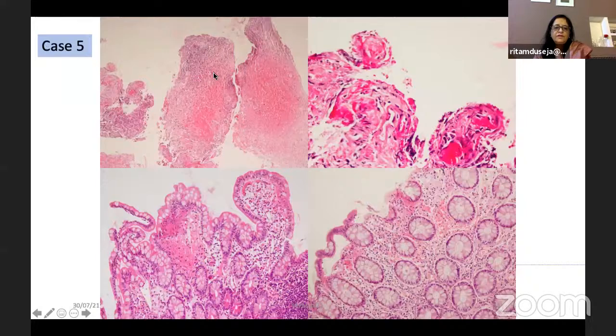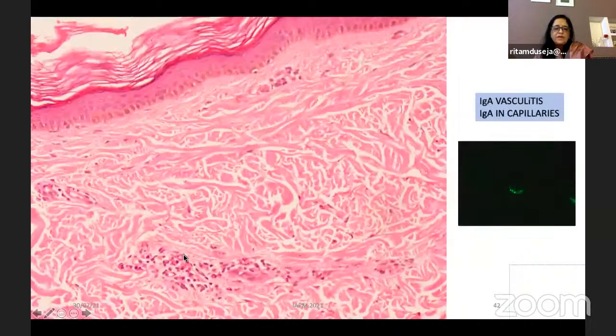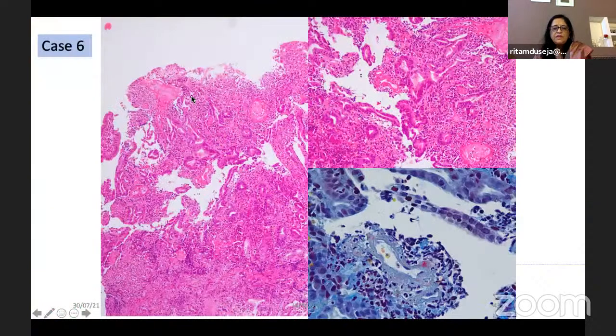So as you see, there is this kind of necrosis, small arterioles showing presence of vasculitis, and skin again had arteritis, and on immunofluorescence it showed IgA. So obviously this was an IgA immune-mediated vasculitis. In the second case, again, we are seeing this arteritis.